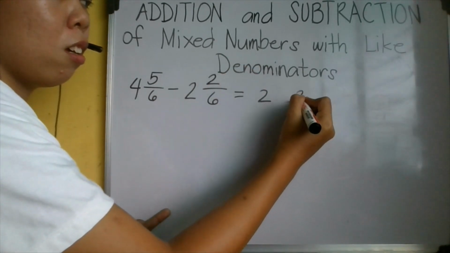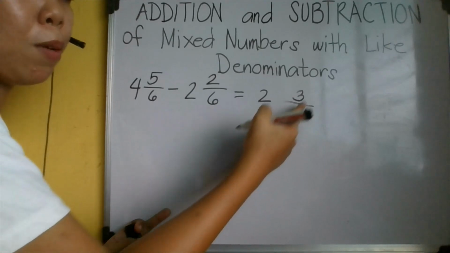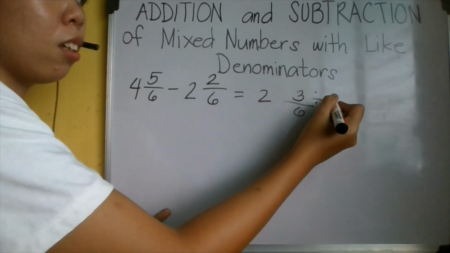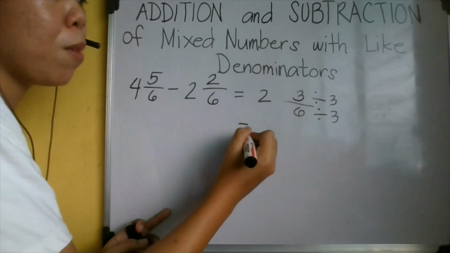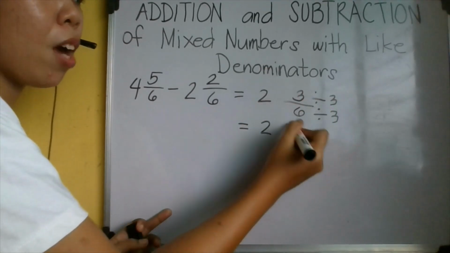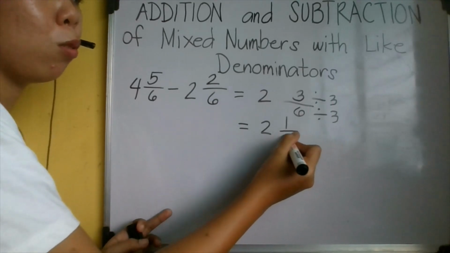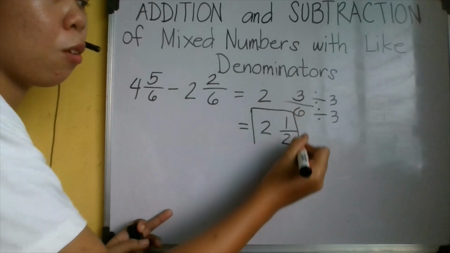So 2 and 3 over 6. Hindi pa to lowest terms, kailangan natin siyang i-divide by 3. So copy the whole number, then 3 divided by 3, we have 1. 6 divided by 3, we have 2. So, pareho lang yung answer natin, 2 and 1/2.